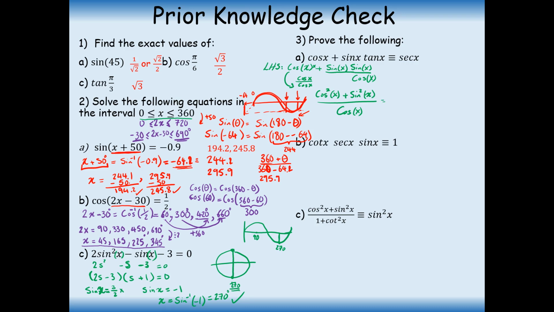So we know that cos square plus sine square is 1, and our final answer is going to be 1 over cos, which simply is sec, the definition of sec. So that is the right hand side. So that ends that portion there.